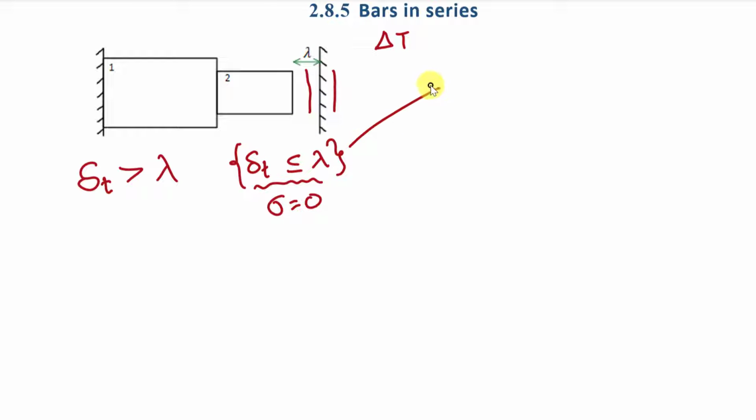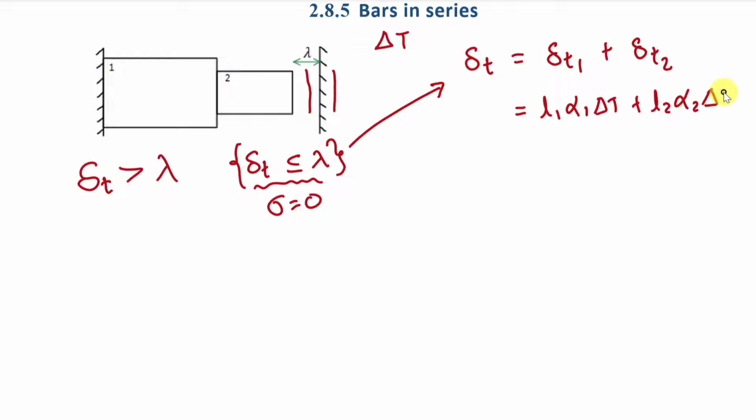What will be the value of deformation here? The value of deformation delta T will be equal to the deformation in body 1 due to increase in temperature delta T plus delta T2, that is the deformation in body 2 due to increase in temperature delta T, and it will be equal to L1 alpha 1 delta T plus L2 alpha 2 delta T. Here L1 and L2 are the lengths of bar 1 and bar 2 respectively, and alpha 1 and alpha 2 are the coefficients of thermal expansion in body 1 and body 2 respectively.